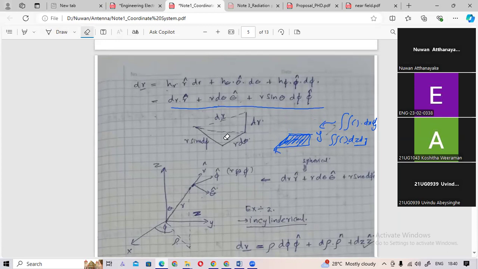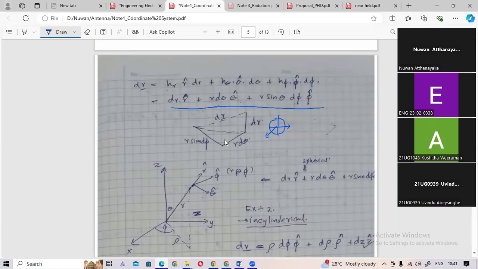But if we are given spherical coordinates, spherical coordinates mainly depend on a sphere.